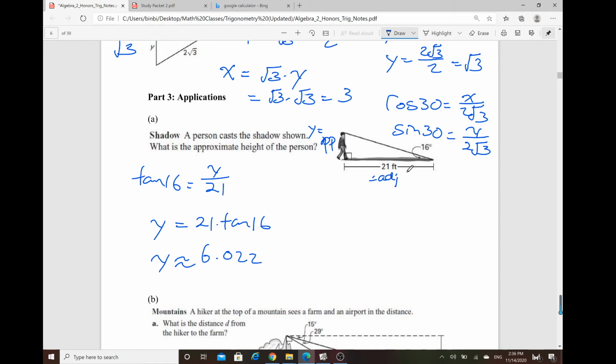And for those wondering about the unit, it's feet. Sometimes you have to round it to a whole number. If that's to the whole number, that means the person is about 6 feet tall.